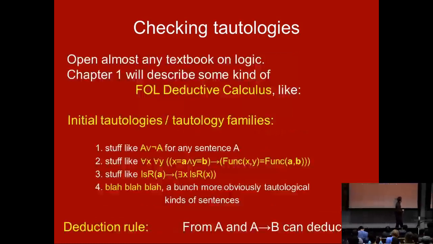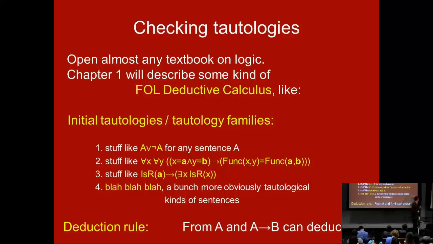So I just want to give you a flavor of it. Again, I won't precisely define it, but if you open any serious textbook about logic and you go to chapter 1, it'll tell you some kind of deductive system, a first-order logic deductive calculus, that will have a bunch of initial tautologies and usually one deduction rule. The initial tautologies are stuff that is always obviously a tautology.